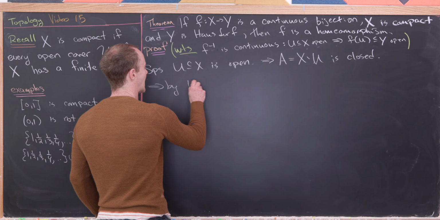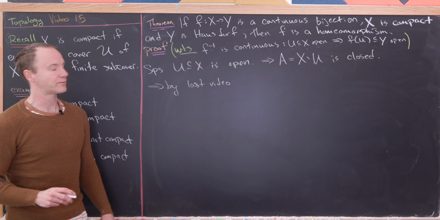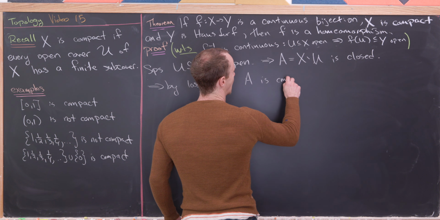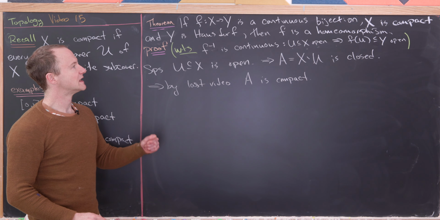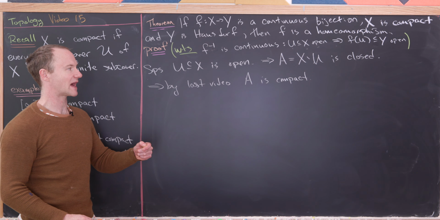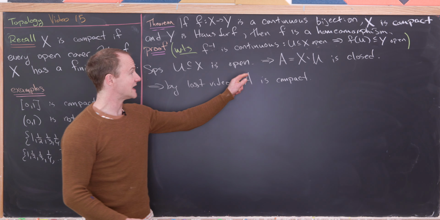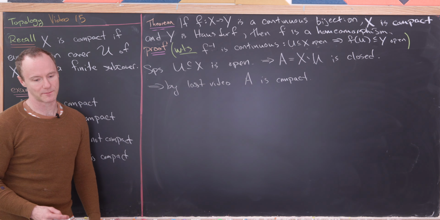So by the last video, we proved what? Well, we proved that A is compact. And exactly how do we know A is compact? What we proved is that if you have a closed subset of a compact set, that's necessarily compact. Since A is closed and X is compact, that means that A is compact.